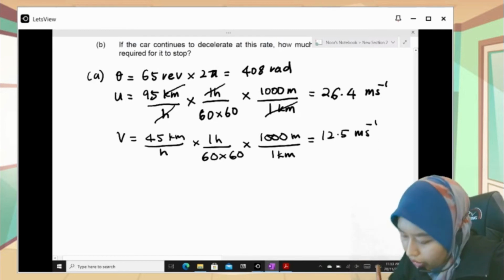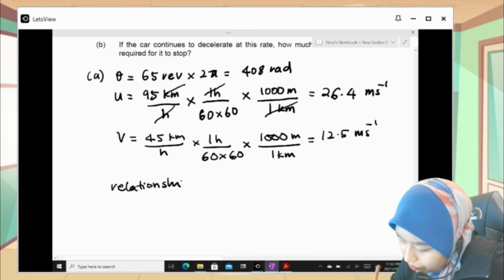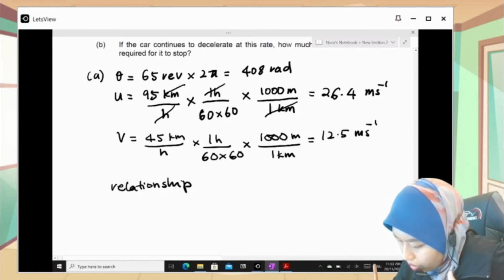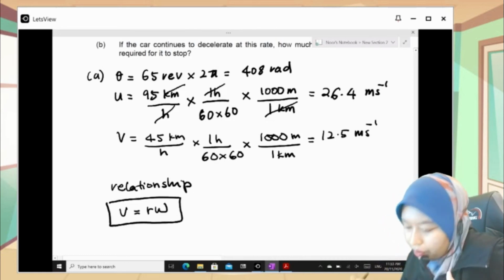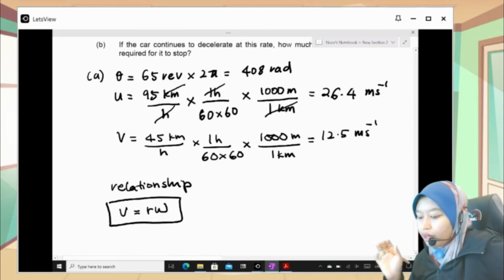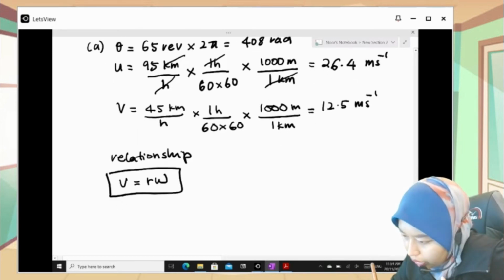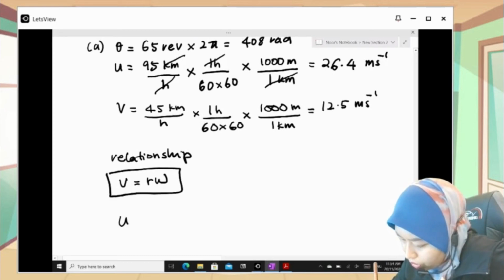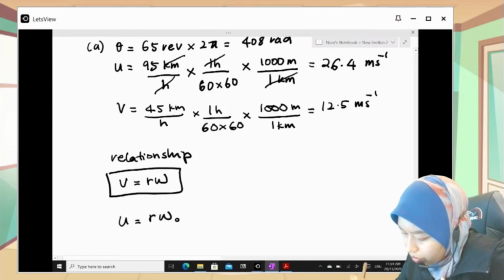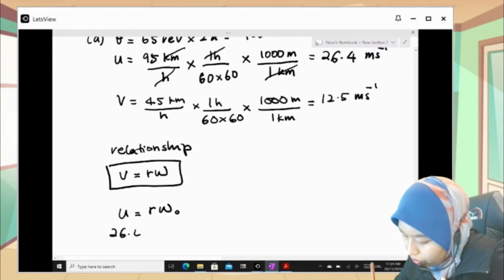So use the relationship V is equal to R omega. If you still remember, the relationship between linear motion and angular motion is V is equal to R omega. So let's use U is equal to R omega naught. So we've got U is 26.4.